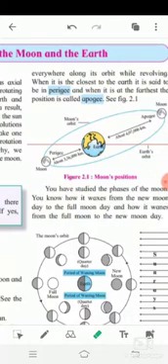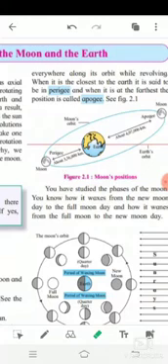Now, due to the moon's elliptical orbit of revolution, its distance from the earth is not the same everywhere along its orbit. When the moon in its orbit is nearest to the earth, it is said to be in perigee position.